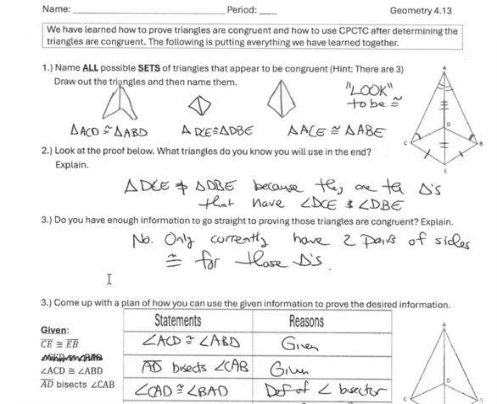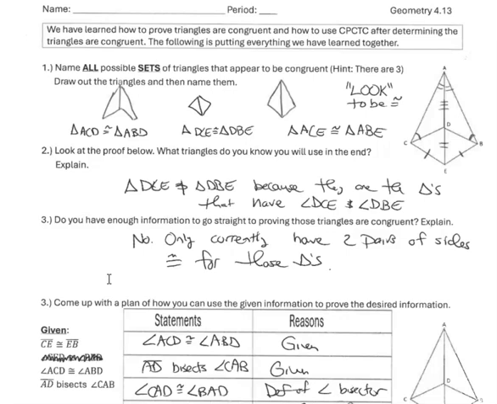You know you are going to be ending with the middle two triangles. Those are the only triangles that have those angles as parts of them, and that's how you would use CP/CTC. So it's going to be DCE and DBE because they are the triangles that have those angles.